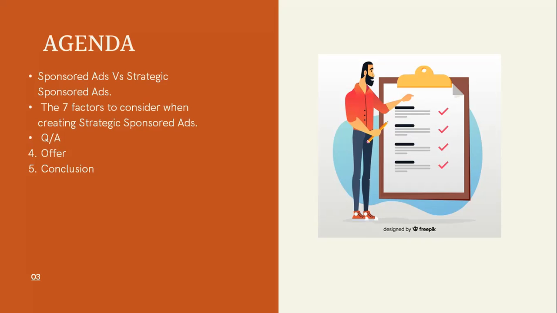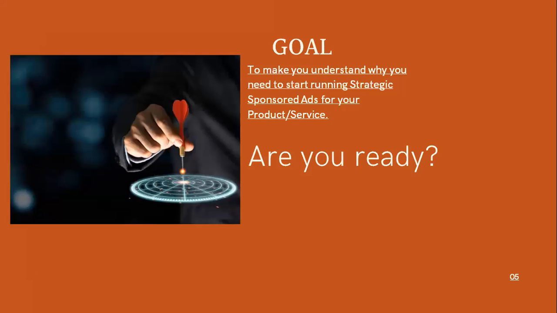Then four, I'll make you an offer that I know will really help you in your social media marketing efforts. And then the fifth one is conclusion. We just have 5 items on the agenda, so this webinar should not take long. At least in the next 25 to 30 minutes, we should be done. We might not even get up to that.